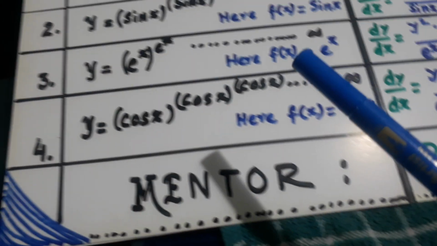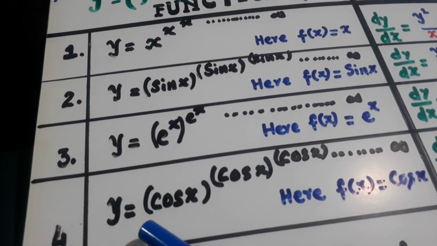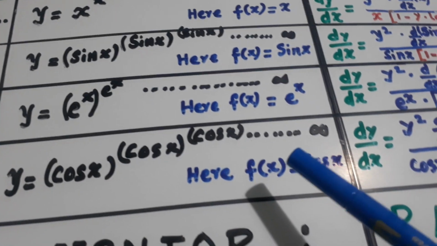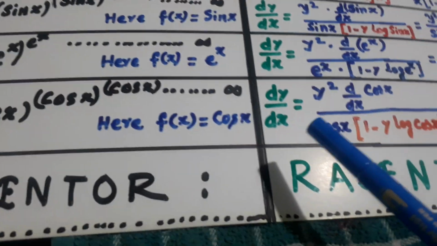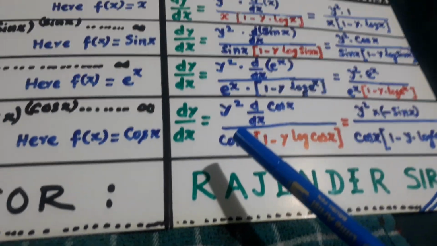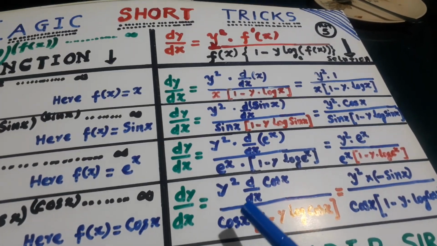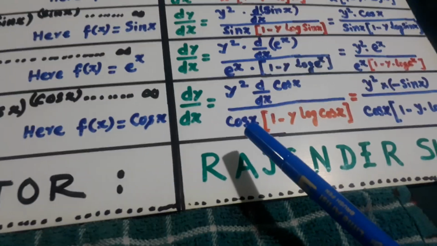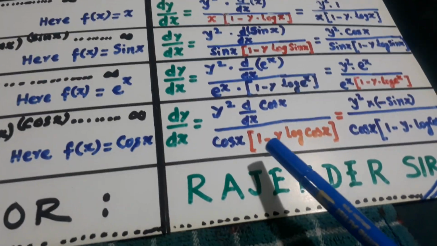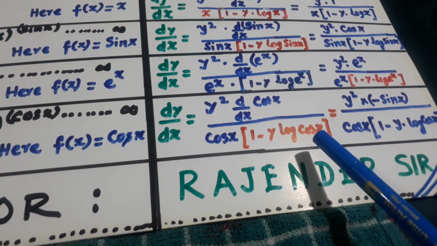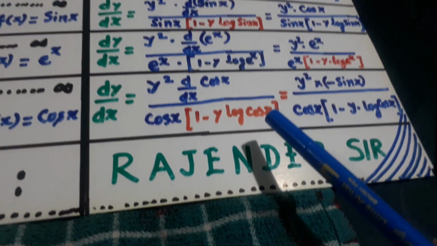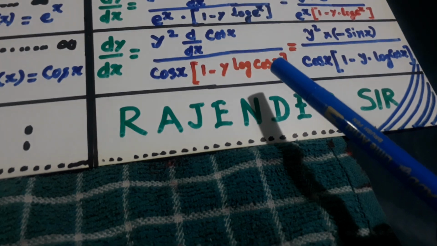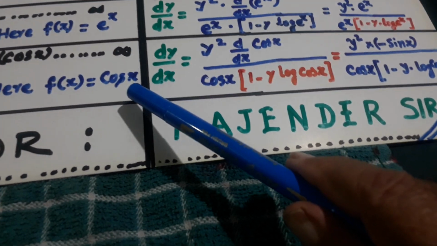Now let us go to the fourth one. y is equal to cos x raised to power cos x raised to power cos x up to infinity. Here f(x) is cos x. So dy by dx is y square, f dash x, d/dx of cos x, over f(x), cos x, 1 minus y log f(x).